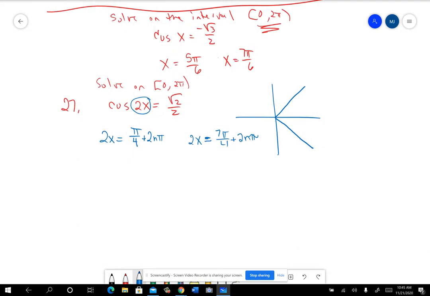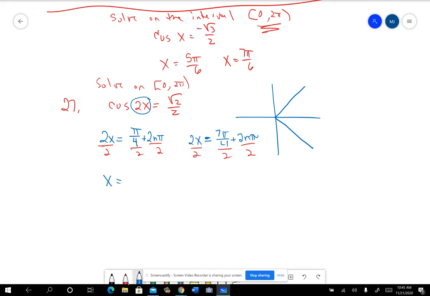Okay. So we don't want to know what 2x can be. We want to know what x can be. So what you need to do at this point is get just x here. So you're going to be dividing by 2 everywhere. When you divide by 2, that's the same as multiplying by a half. I usually think of it as multiplying by a half because it's a little easier to work out.